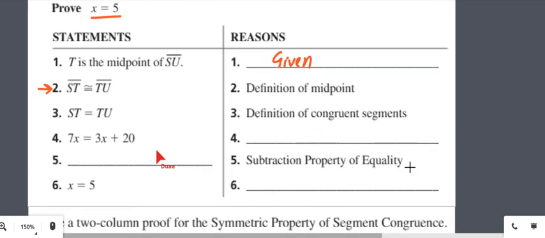Then we wrote that ST equals TU. If we are not writing that these are line segments, that means we are writing their measure values. I explained in the beginning that if we are writing the measure values, you can write the equality sign, and if we are not writing the measure values, we use the congruent sign.